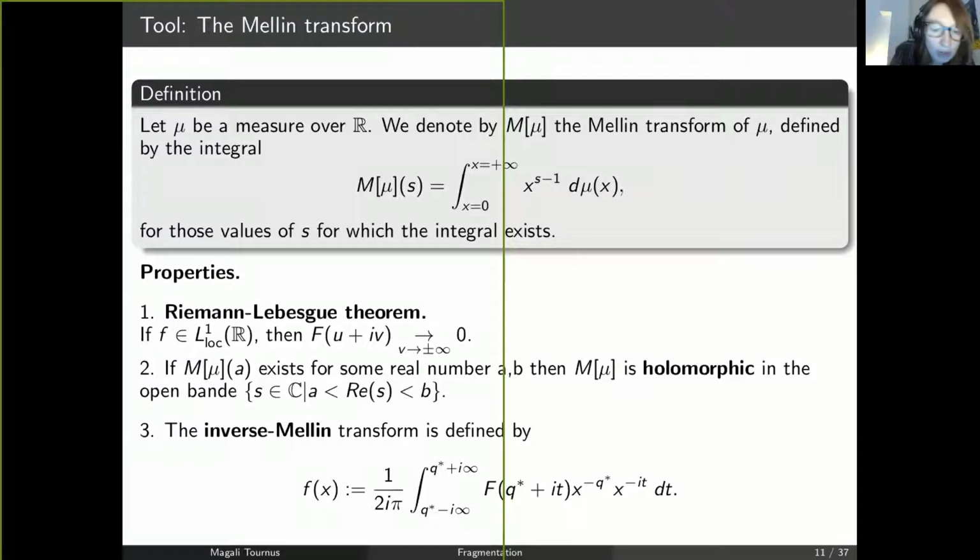Just to mention it, the right-hand side does depend on Q star, whereas the left-hand side does not. Actually, this formula, under some assumption, does not depend on Q star. This is because of the Cauchy theorem. The integral on some vertical line does not depend on the vertical line, because the integral on a closed path in the complex plane is 0 if the function goes to 0 at plus and minus infinity. So that's the idea.